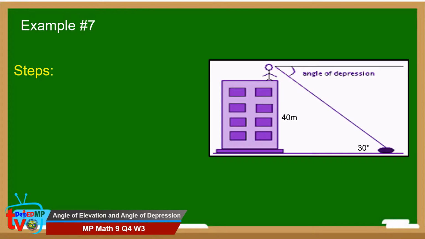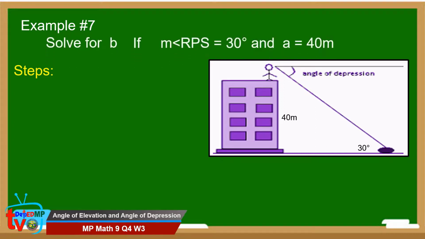For example, using the figure, you are standing on top of a building 40 meters high and your car is parked at the parking lot. From your eyes to your car, there is an angle formed which is 30 degrees. That angle is the angle of depression. Now, we try to solve how far your car is to the building.